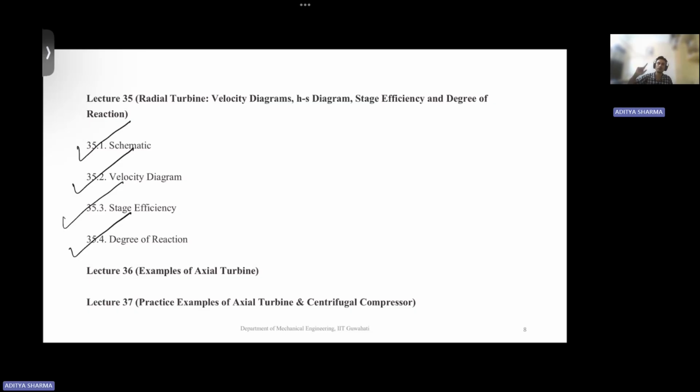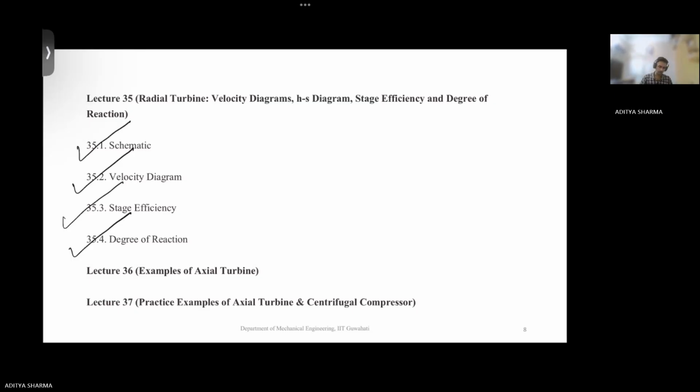So tangential velocity is important for both types of turbines. But for your axial turbine, other than tangential, axial velocity of the flow is important, and in your radial turbine, the radial component of the velocity is important.